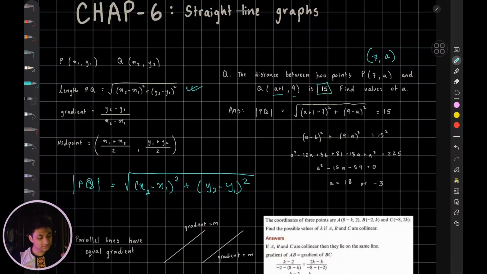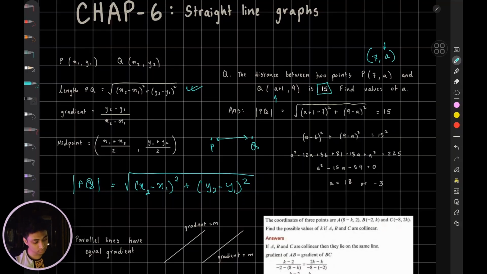So they've given you the distance between 2 points P and Q. So what are they asking for? Find the value or values of a. Notice in the coordinates for both P and Q, there is a constant a. And they're asking you, using this formula, make a the subject and find the possible values of a.